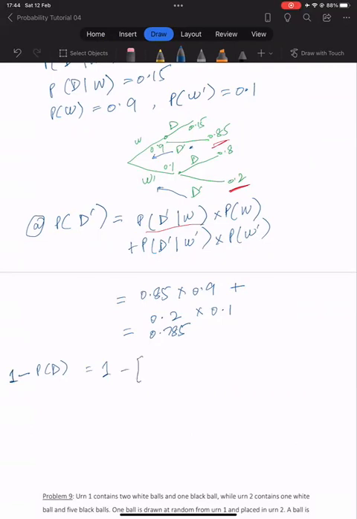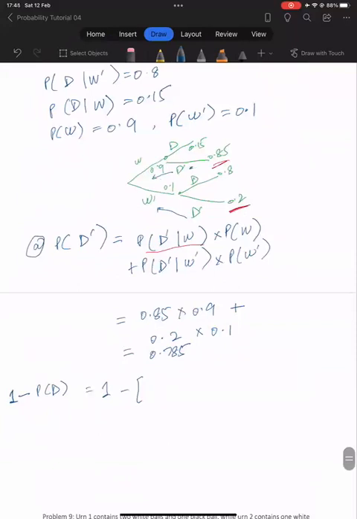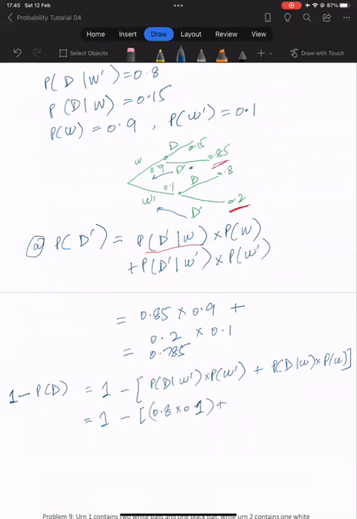So probability that the plant will die, दो scenarios हैं. You did not water it and the neighbor did not water it, sorry, and it dies. Or the neighbor did water it and it still dies. So this should come out to be 1 minus 0.8 into 0.1, sorry, plus 0.15 into 0.9.